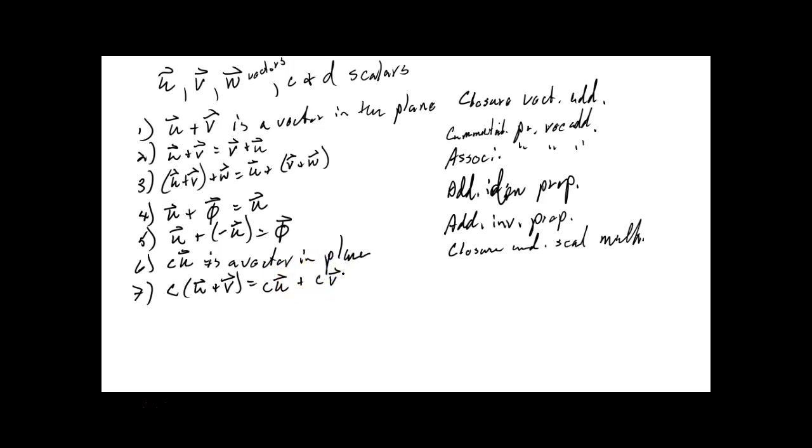You just distribute the outside across both of the things on the inside. I'm going to call it the distributive property of scalar multiplication over vector addition.